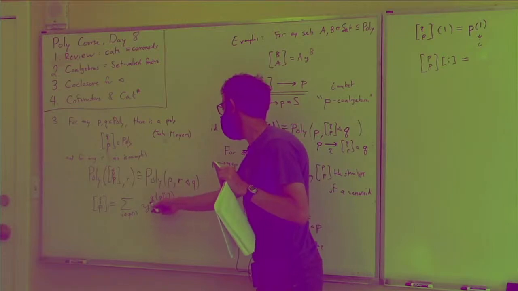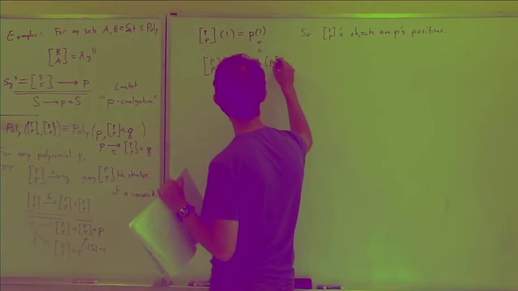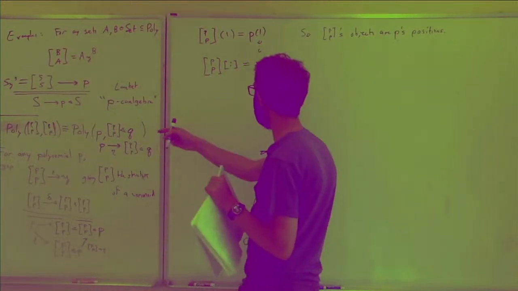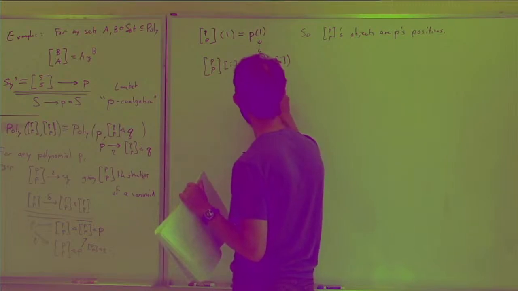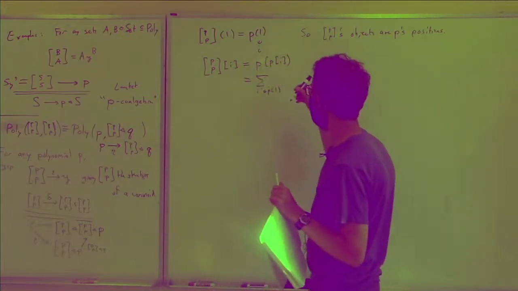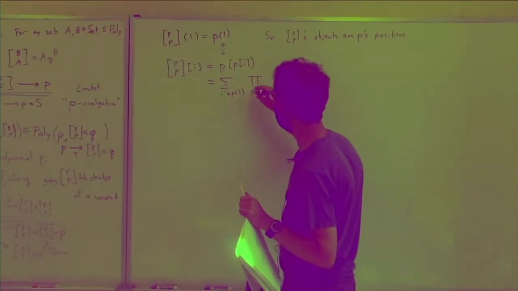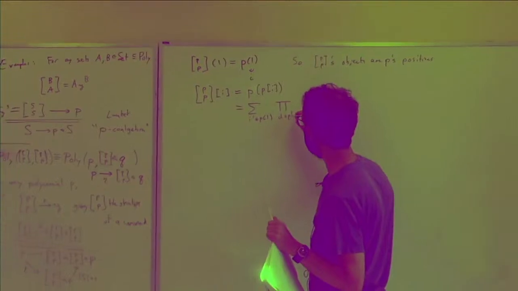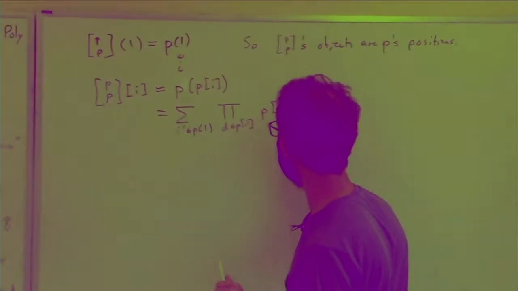It's P applied to P of I. So it's P applied to P of I. I'm just reading it off. And that is a position in P times the product over the directions there of the directions in I.